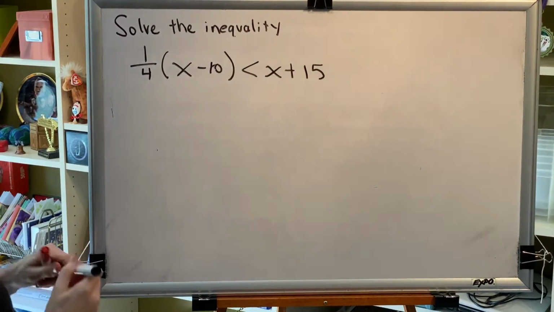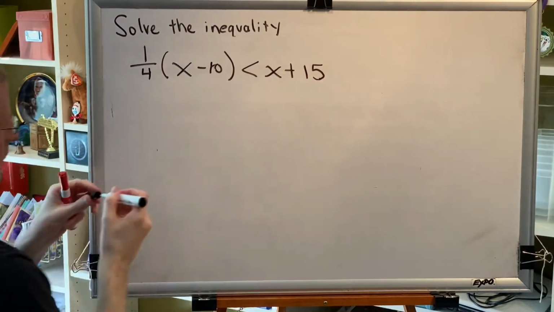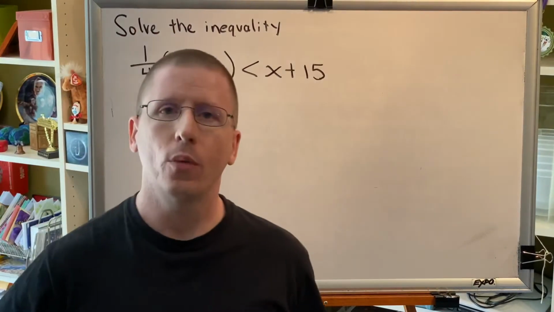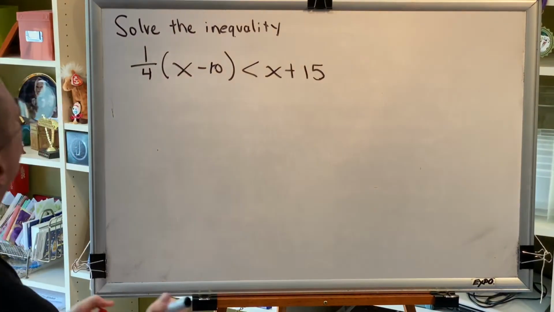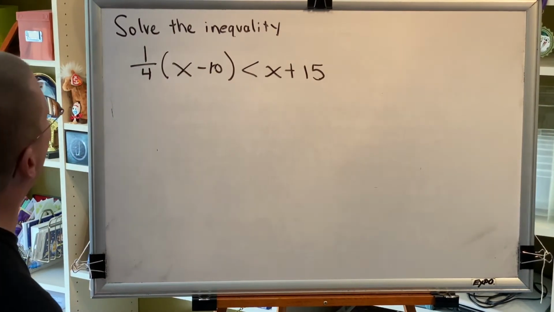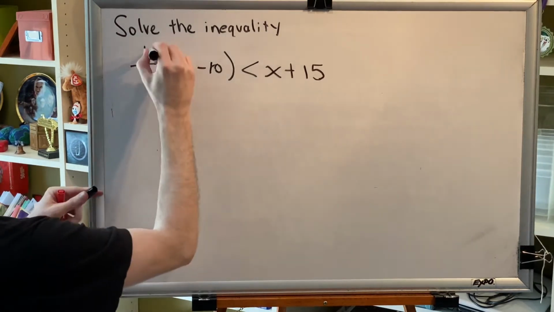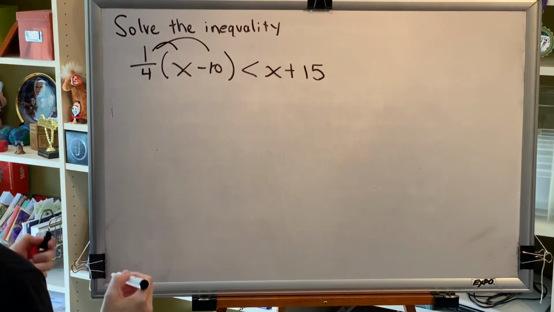All right, with a problem like this, we notice that we have a grouping symbol, parentheses, as well as fractions, and we know we need to get rid of both of those things. You have a choice of which one you want to do first. In this case, I'm going to choose to distribute the fraction first. So let's distribute the fraction here and here.